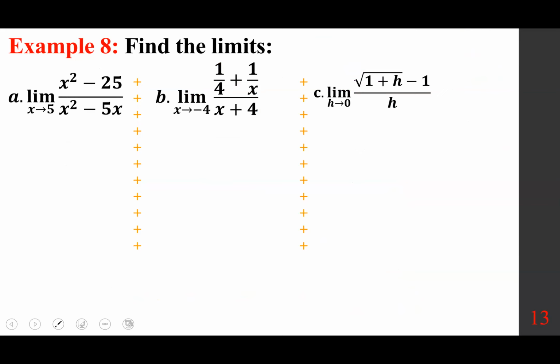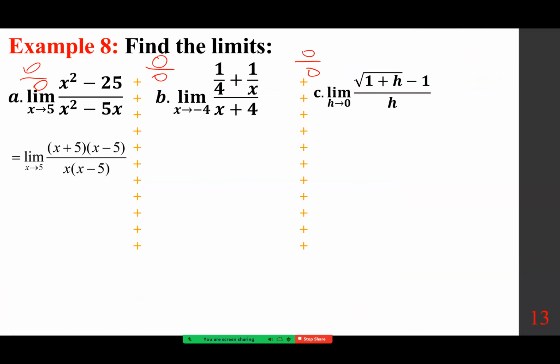Let's factor, and notice all of them end up being 0 over 0. So the first one, the technique is factoring. And you plug in, you get 10 over 5 or 2. The next one is called a complex fraction.